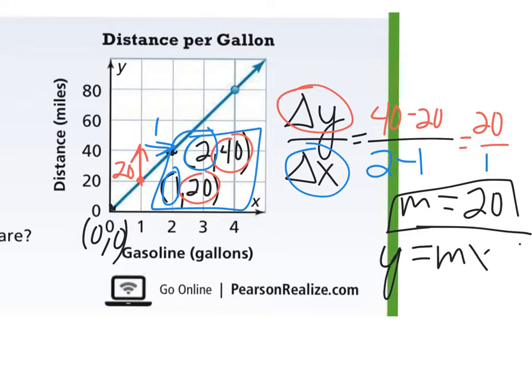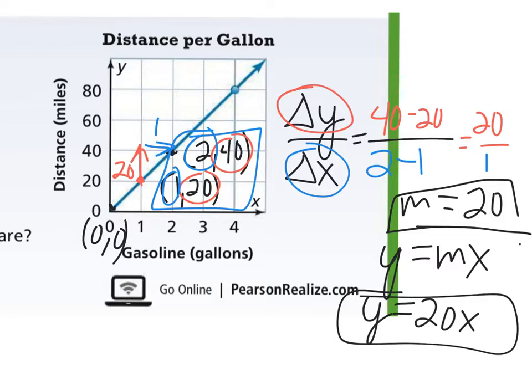And then our equation that we're working with, y equals mx. So our equation would be y equals 20x. So really, like I said, a large majority of the work is done just by finding the points, finding the slope, and then it's just the finishing touch of actually writing your equation there.